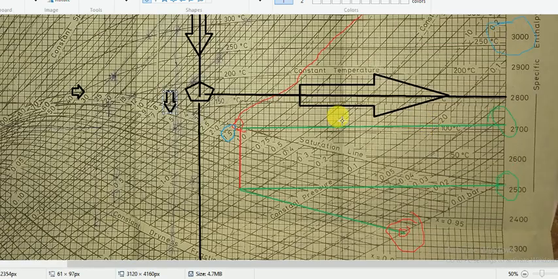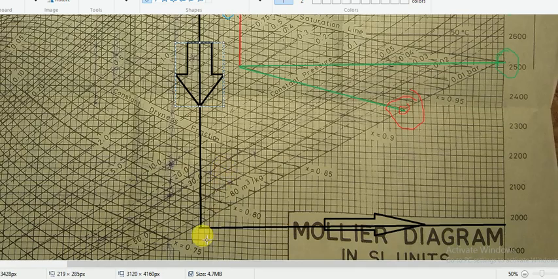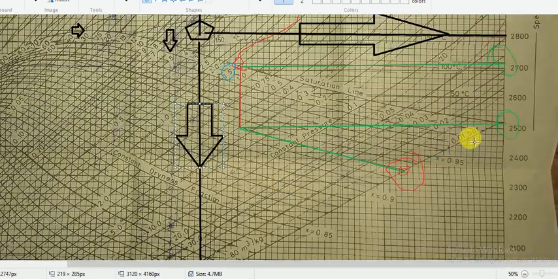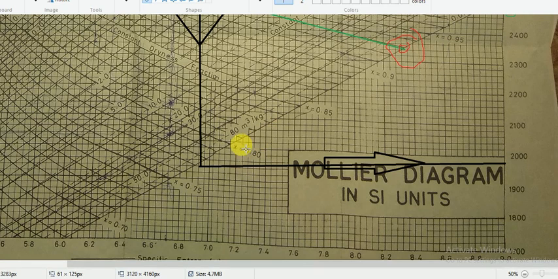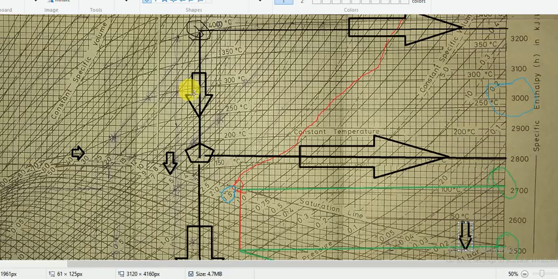Then you can move further down, because the expansion still takes place until the 0.01 bar pressure. So if you look here, it is the 0.01 bar pressure line. It meets the straight line, and that is known as H7. So you have noted down H5, H6 and H7.